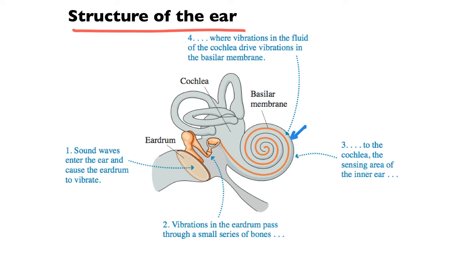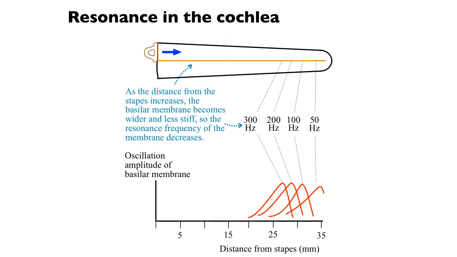And the frequency at which the basilar membrane likes to oscillate varies with position, as you move further and further along it from where the sound comes in. So you have the stapes right here, and it vibrates, and then there's a vibration in the fluid, and as you move further and further along, the oscillation frequency changes.